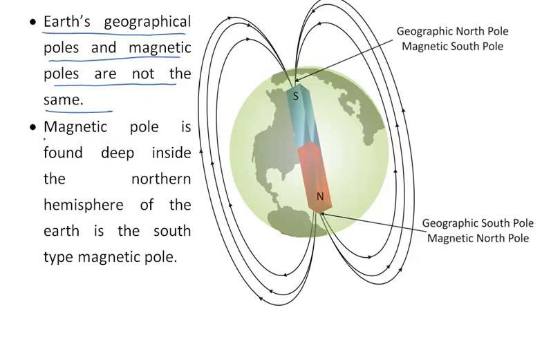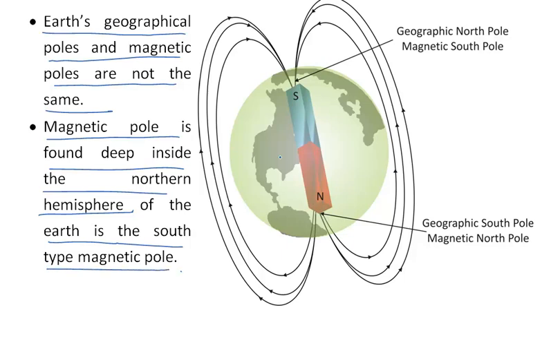Third point is the magnetic pole is found deep inside the northern hemisphere of the Earth, and it has a south type magnetic pole. This point we have just discussed.